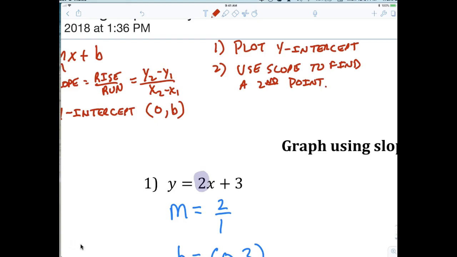And then step 3, you're going to use the 2 points to graph the line. That's what I want you to do.